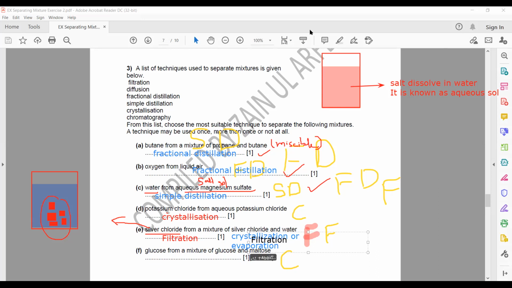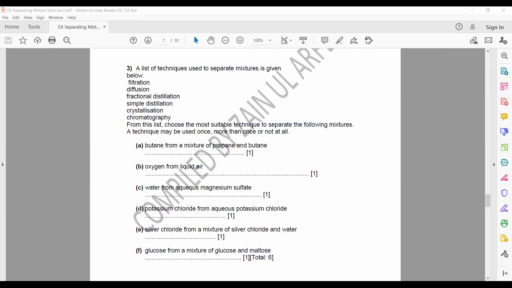They are types of sugar, so we can use chromatography, as with types of sugars or amino acids mixed together. Is it clear?